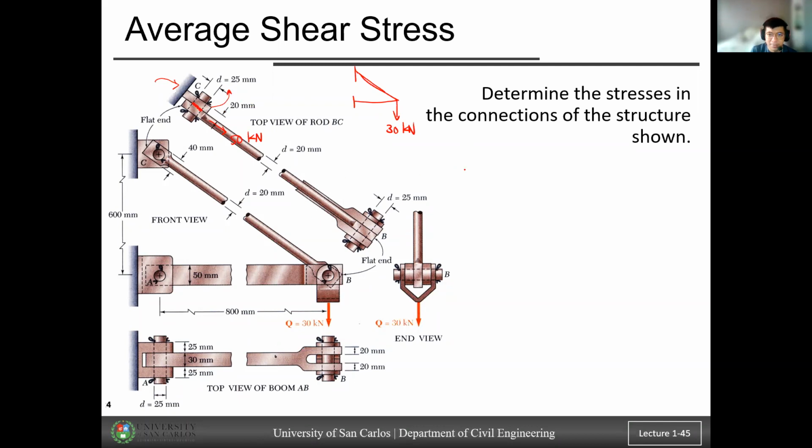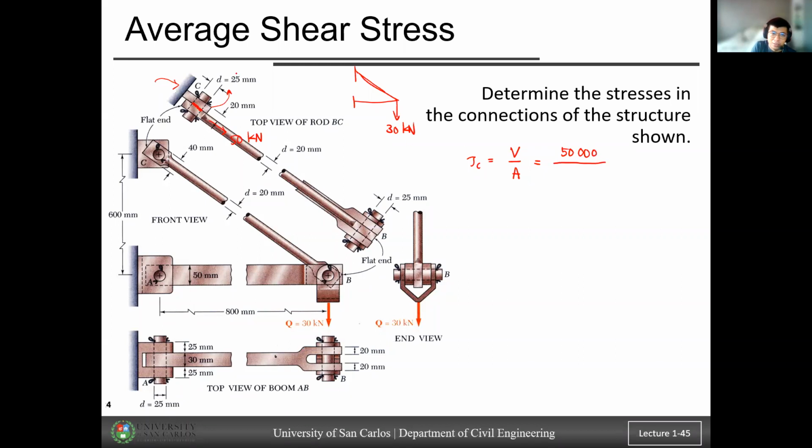Okay? So if you try to find the stress at joint C, or at the pin at joint C, that would be V over A or P over A. So that would be 50. Since we want our answers in megapascal, you have to make this in Newtons, 50,000 Newtons.